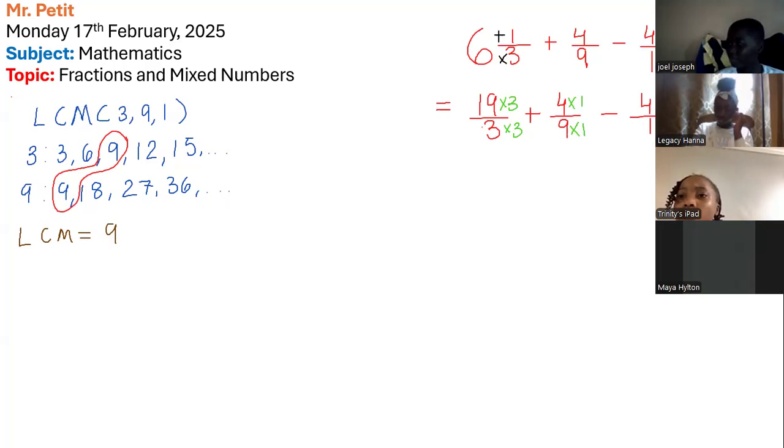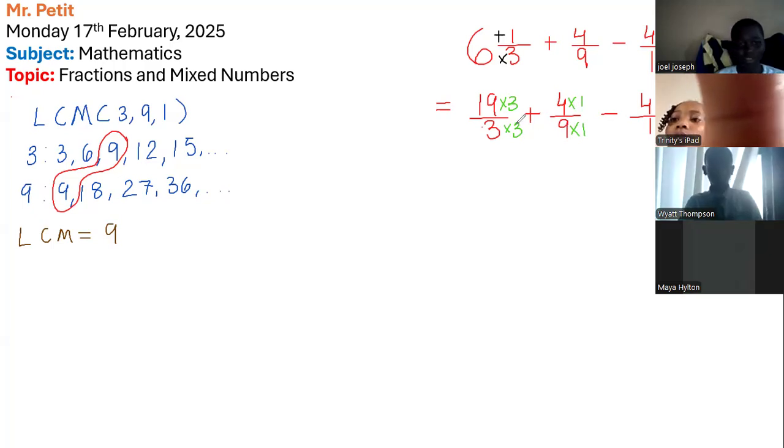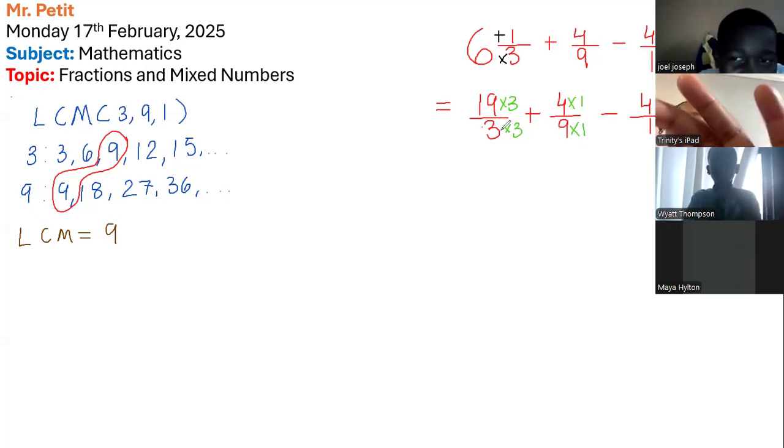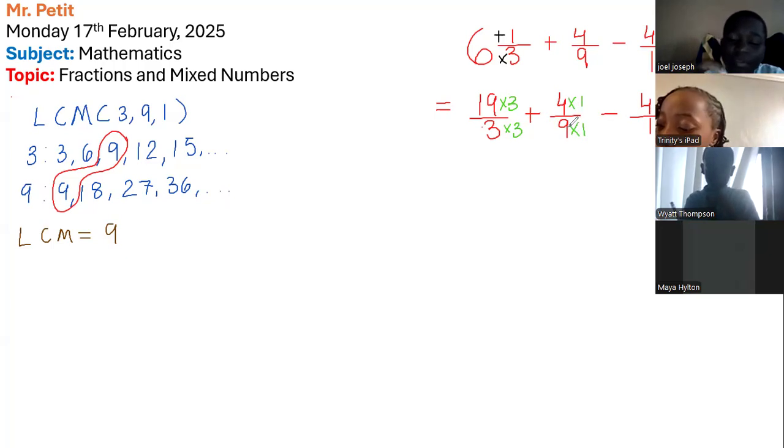This is a very important step. You have to know what to use to multiply each number by. So we use 3 here because 3 times 3 is 9. We use 1 here because 9 times 1 is 9. And we use 9 here because 1 times 9 is 9. Because we're trying to make sure that all of the denominators are the same.